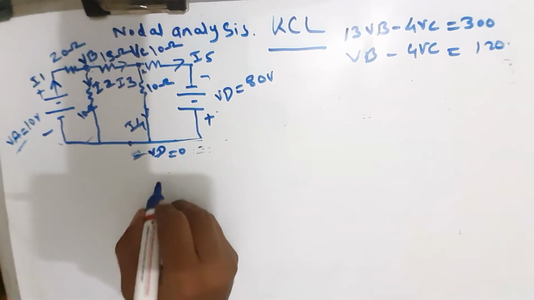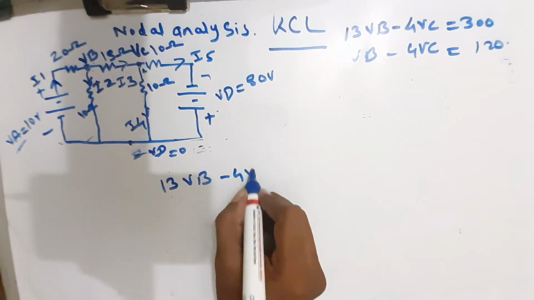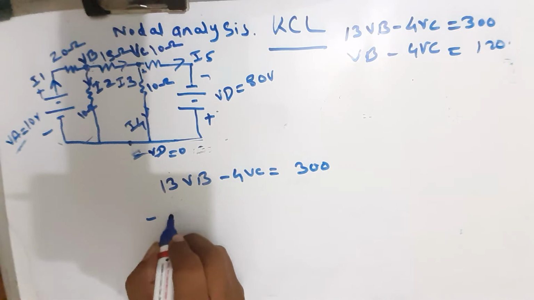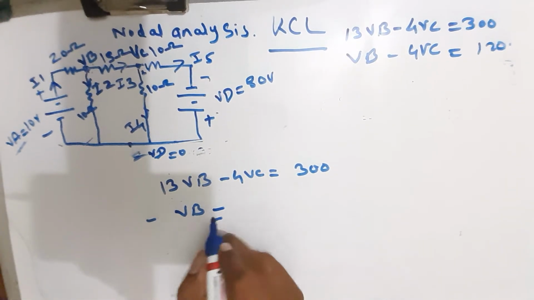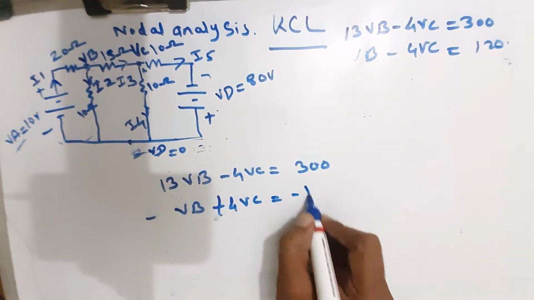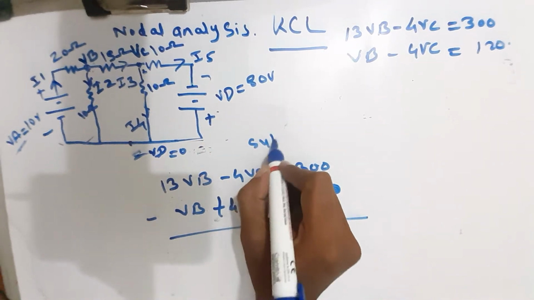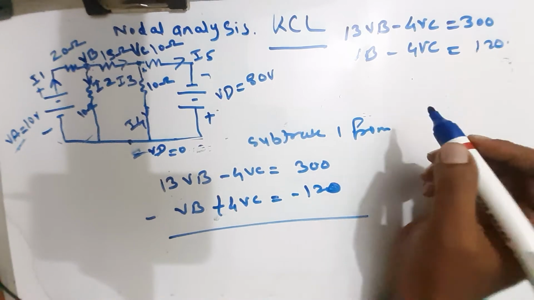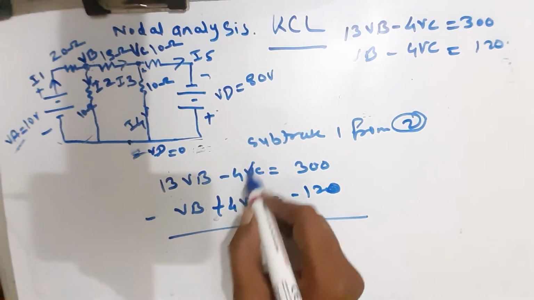13 VB minus 4 VC equal to 300. So we have to subtract VB minus minus, it will become plus 4 VC equal to minus 120. Subtract 1 from 2, so it will cancel.